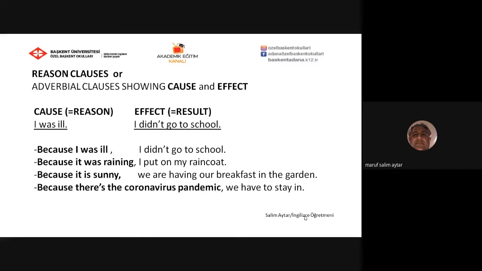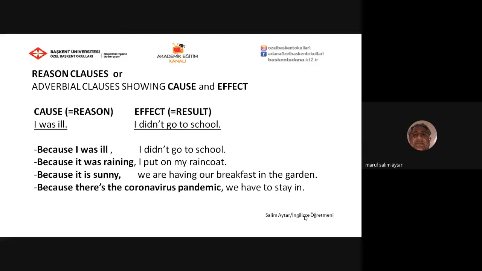Now I'm going to talk about reason clauses, or, in other words, adverbial clauses showing cause and effect. When I try to do this, I'm going to use, of course, because.